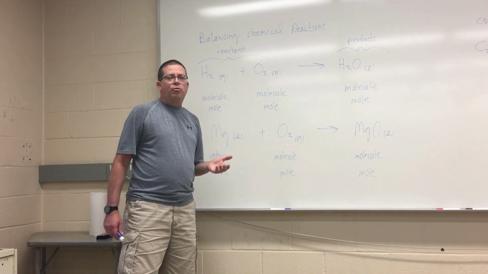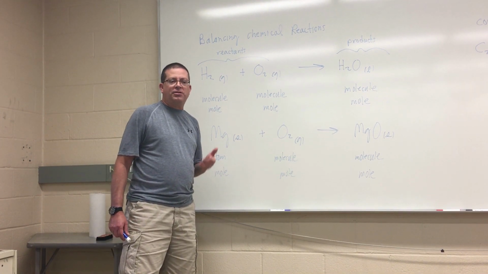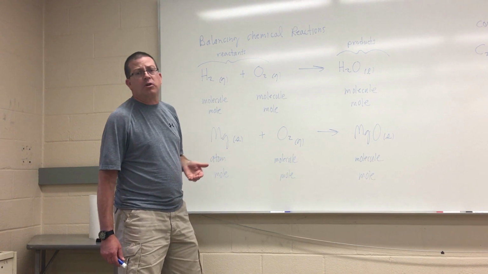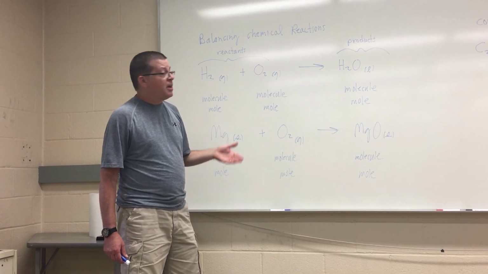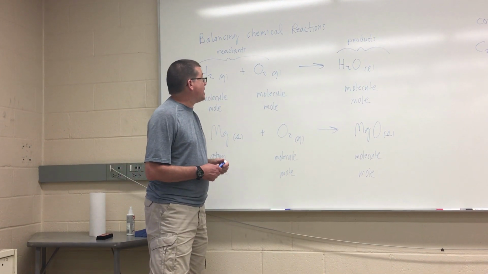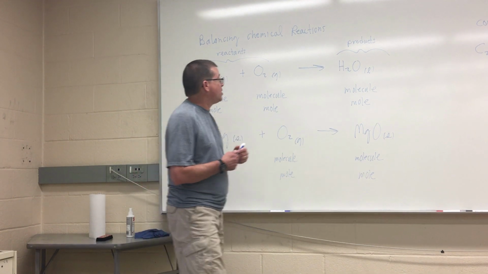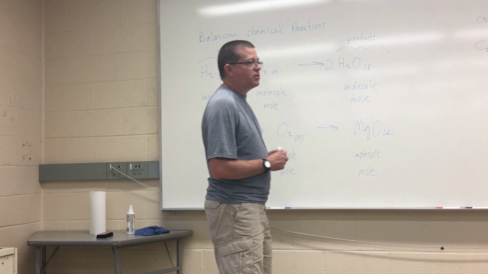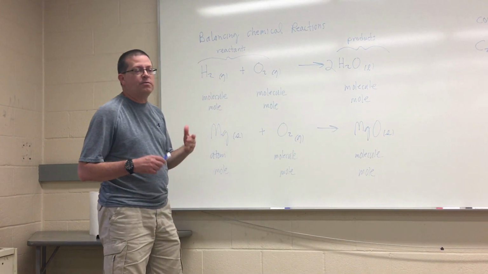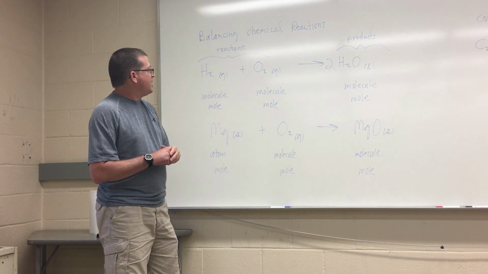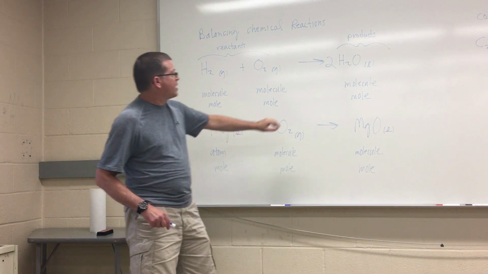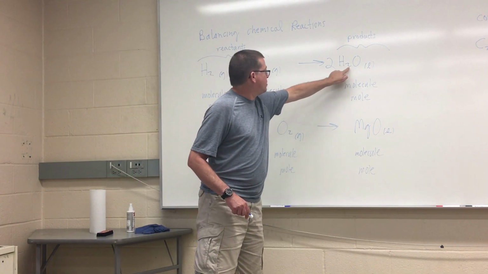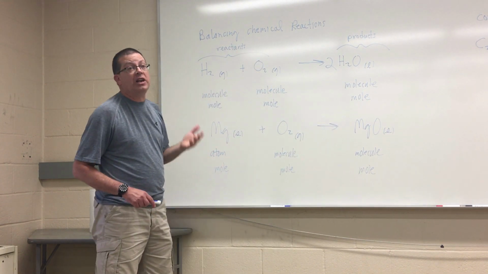Now, the general rule here is that we want to balance the reaction equation with whole number coefficients. Okay? So what that means is that to get the oxygens balanced out, I'm going to put a 2 out in front of the water. So that suggests now that I'm going to make 2 waters. Now, once I do that, I have to recognize now that I've got 2 times 2, which is 4 hydrogen atoms.